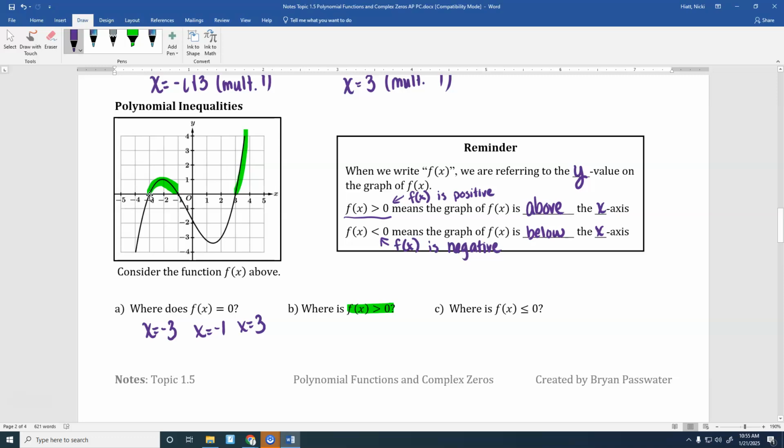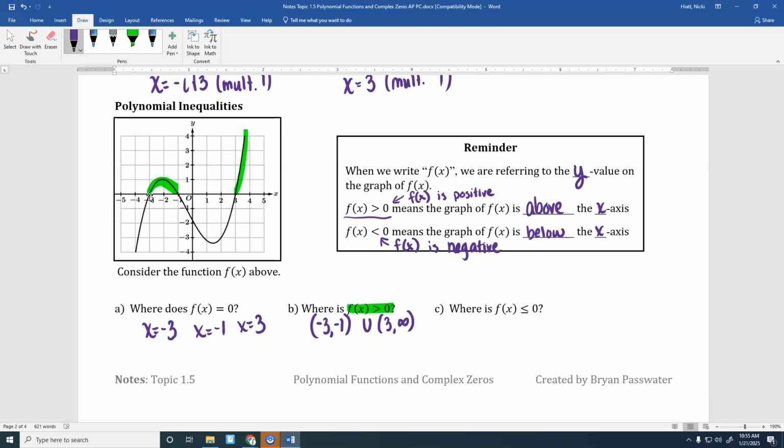We don't want to include that, right? So we could write it this way: negative 3 to negative 1, and we would have to use parentheses for that because we have a greater than sign, not a greater than or equal to. And then we would also have from 3 to infinity.